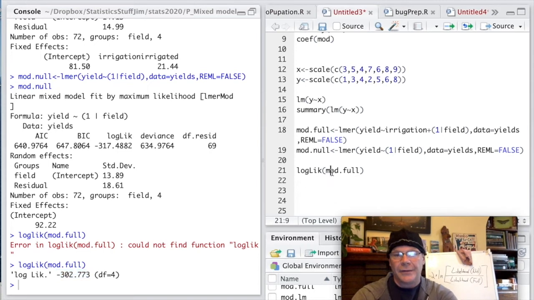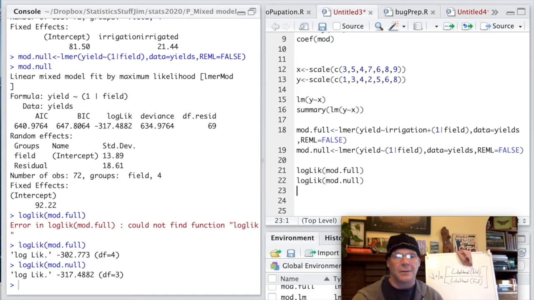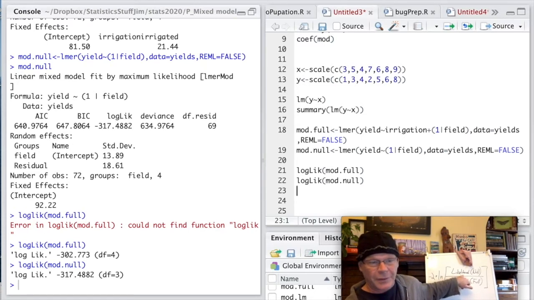And then similarly, we can extract the log likelihood of the null model. Okay, so now we have two likelihoods. Our null model is negative 317.48, and down here would be negative 302.773.